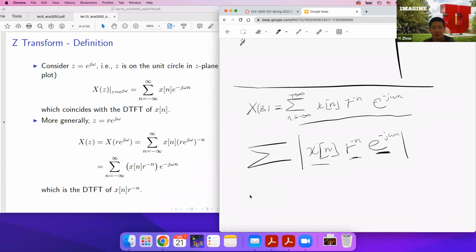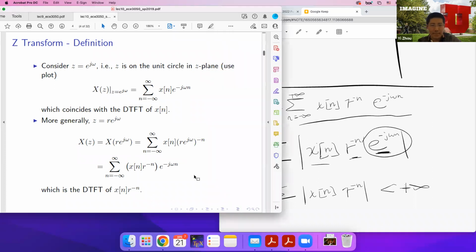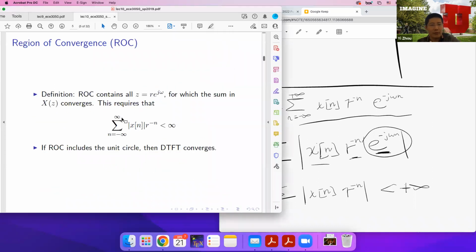So this reduces to the magnitude of the product of the first two terms, because the last one is a complex number with magnitude 1, so we can ignore that part. So as long as this is absolutely summable, then we are guaranteed to have convergence. So that's why we have this criterion.